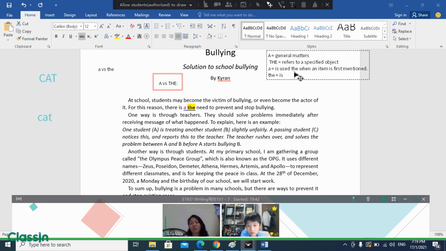So can you define the in relation to a? The is used when the item is again mentioned.